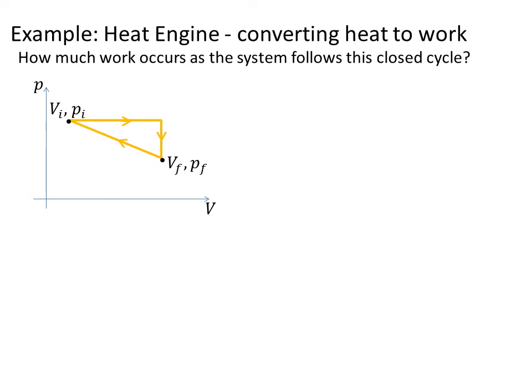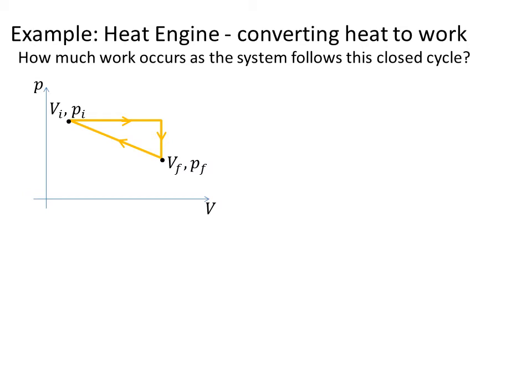Let's look at an example of a heat engine where we convert heat to work. How much work occurs as the system follows its closed path? So again, we're looking at a pressure versus volume plot, and we start at the left at the initial volume and initial pressure and go to a final volume and a final pressure.